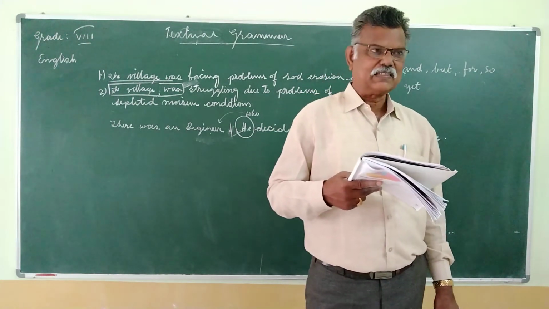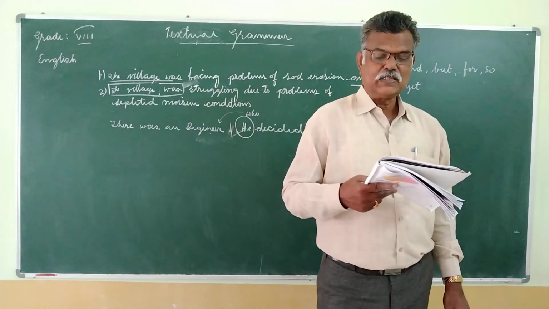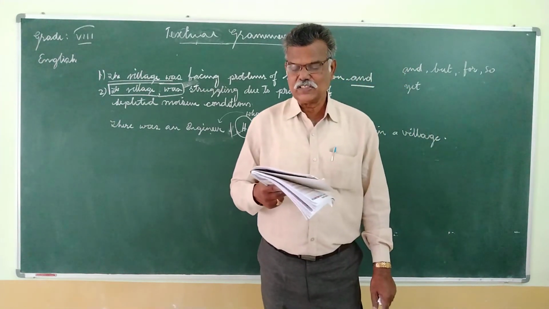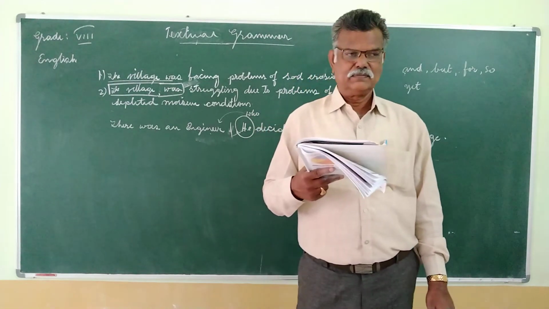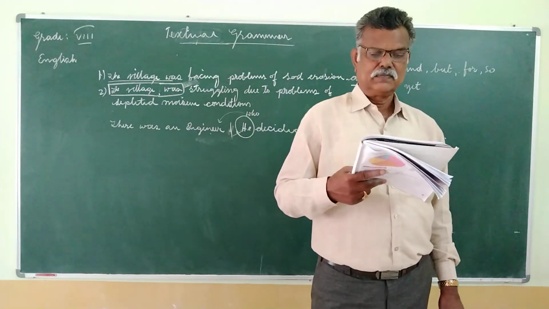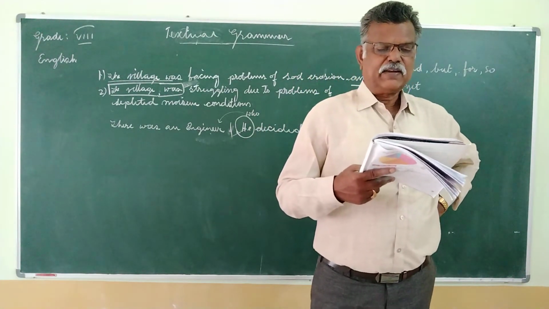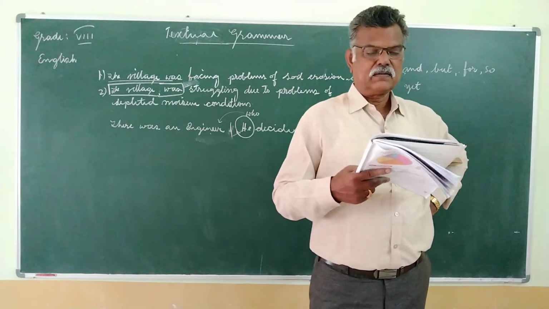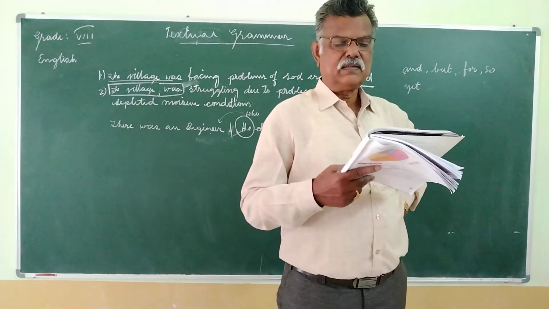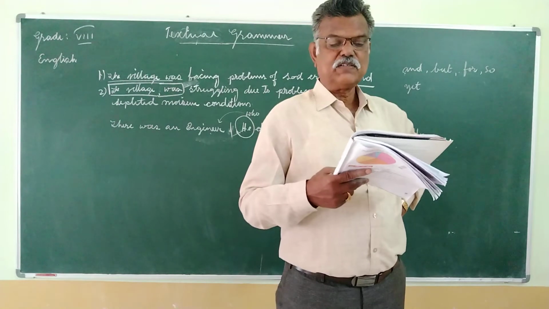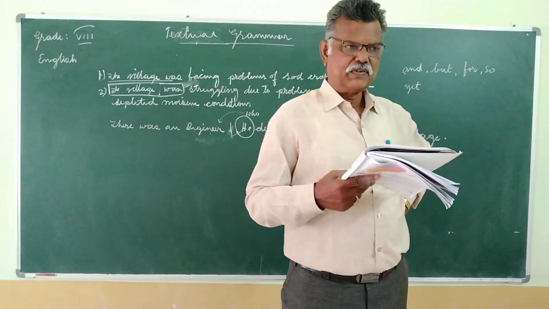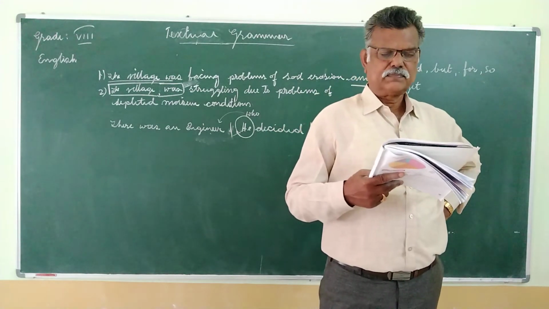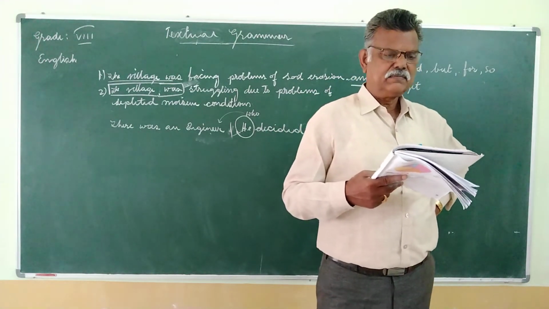Unless we save the water. This is the condition clause. The future generations will be left with no water. Second one. I have written, unless we save water, the future generations will be left with no water. Have you written? Very good.